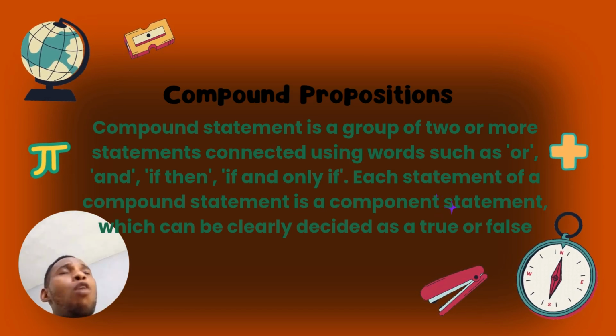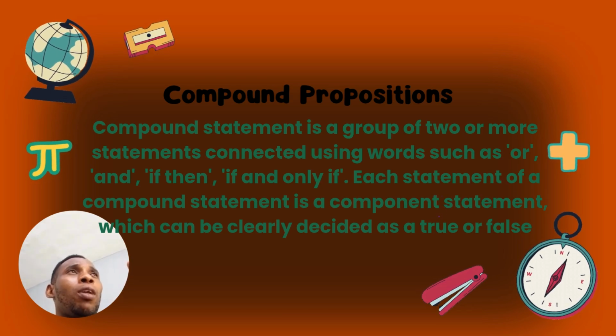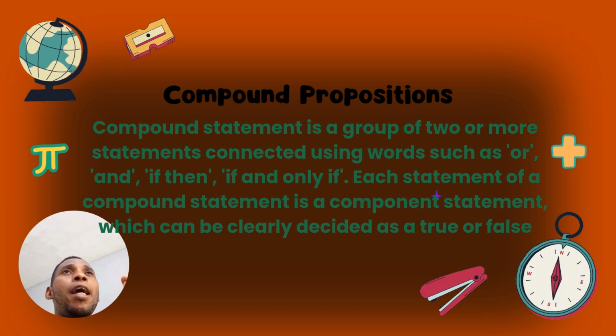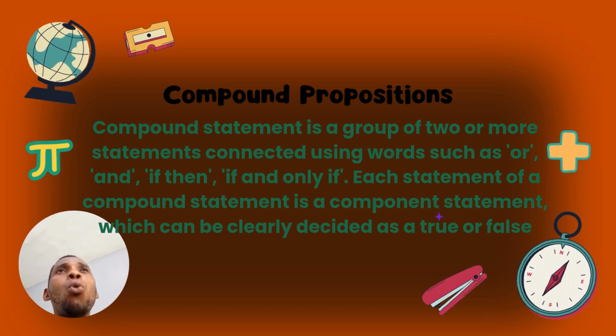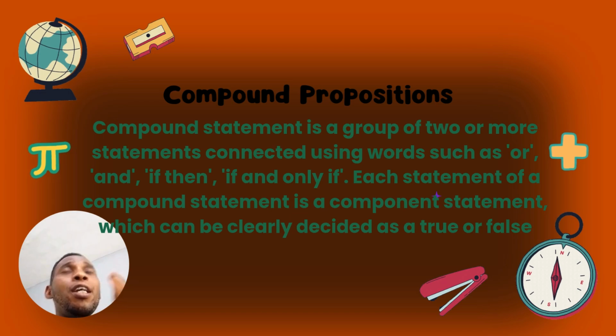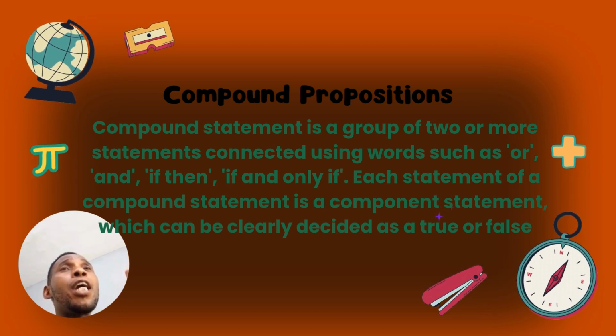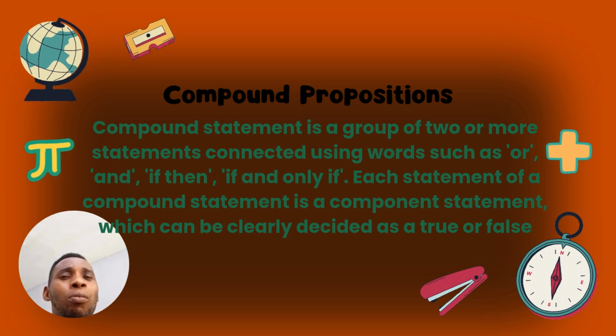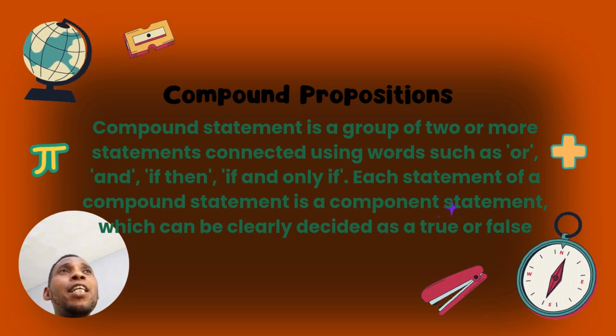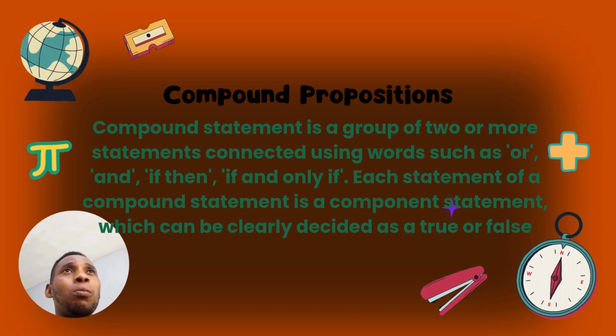Now, an example of a compound proposition: he is a boy and he goes to school every day. The operator we have here is and.